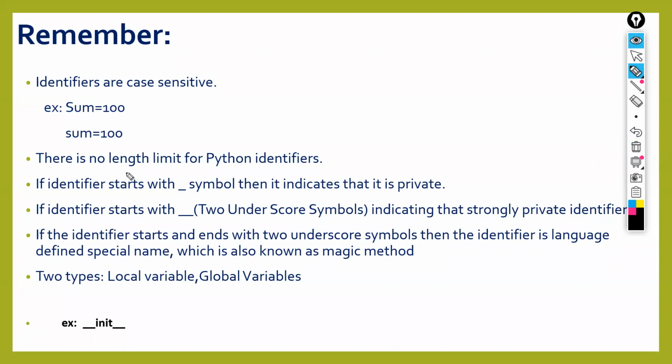And there is no length limit for a Python identifier. Simply, I want to assign a num value. Num equal to 10. Instead of num, where the length of the identifier is 3 characters, I can use n, and it goes on.